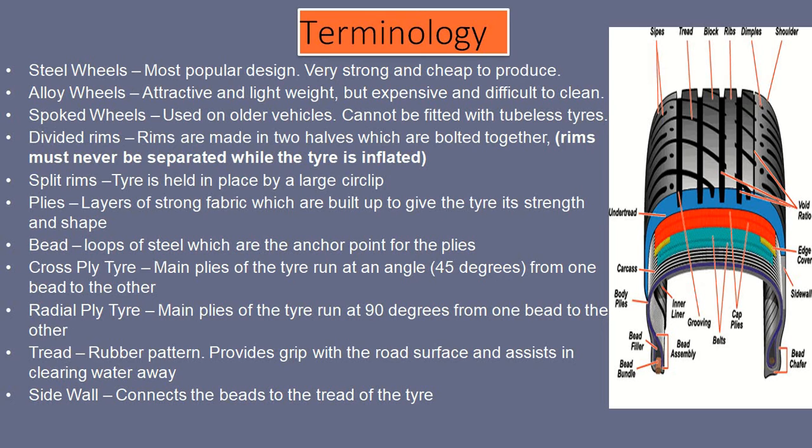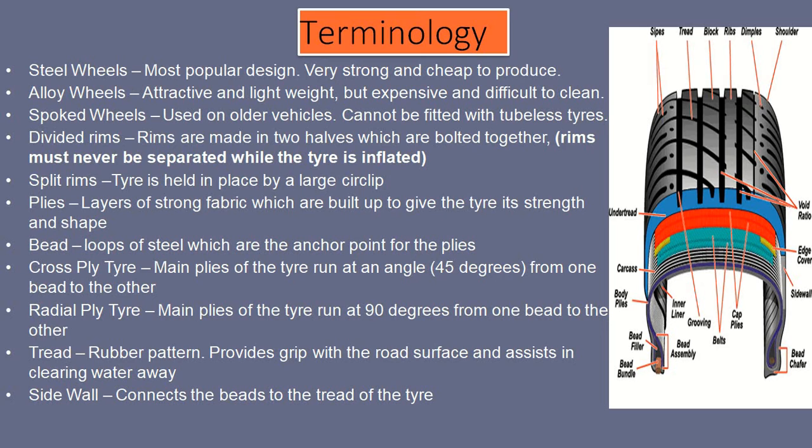Now we can see the terminology. Steel wheels: most popular design, very strong and cheap to produce. Alloy wheels are attractive and lightweight but expensive and difficult to clean. Spoked wheels, used on older vehicles, cannot be fitted with tubeless tires.